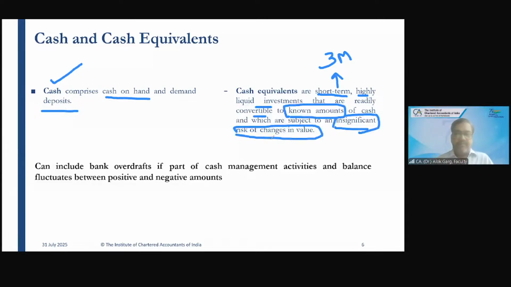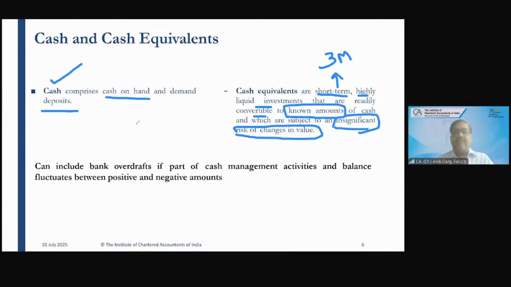Please write down: cash equivalent is equal to short-term, highly liquid (within 3 months), plus known amount, plus no significant risk of change in value.